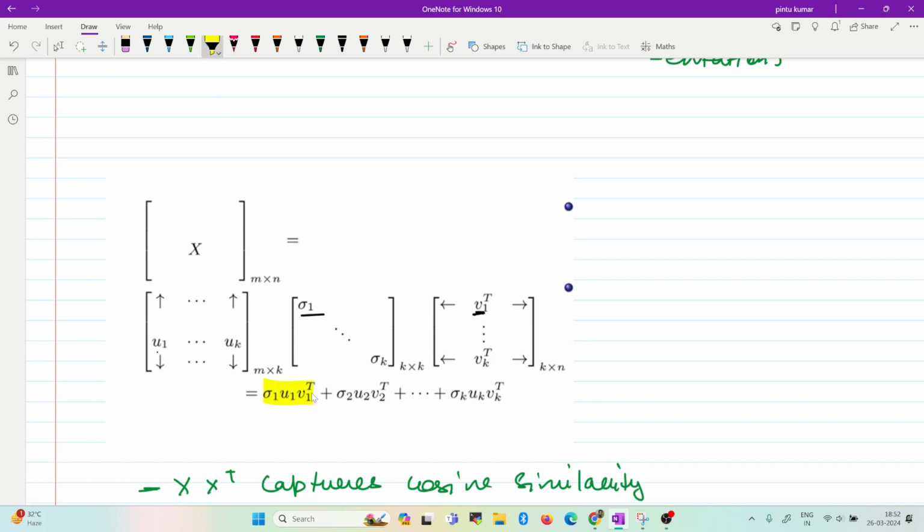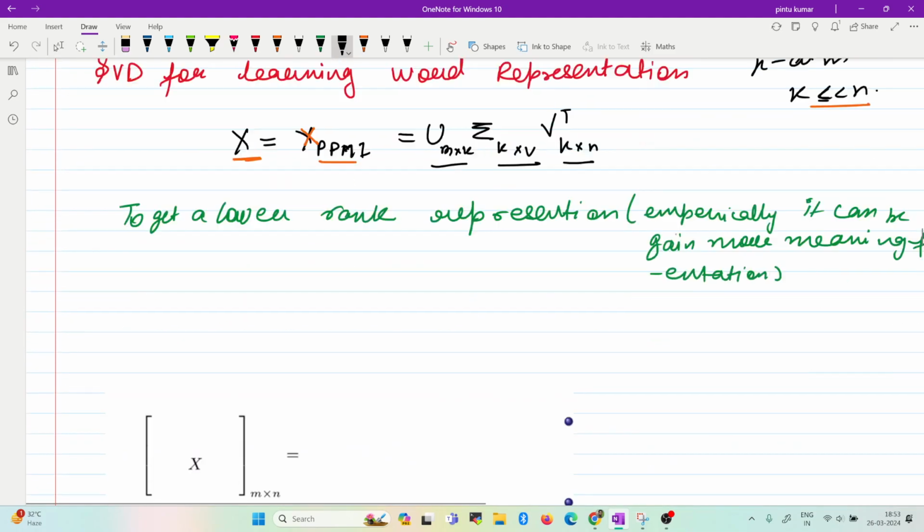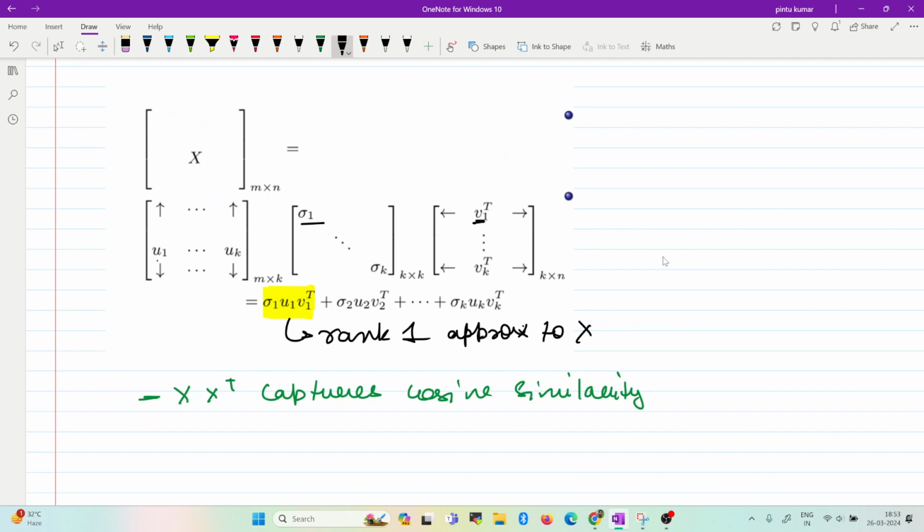If you just take this yellow highlighted part, this gives you a rank 1 approximation to X. So for your co-occurrence matrix, you can find a rank 1 approximation by just taking this much part. If you take two terms, you will get a rank 2 approximation, and so on, you can obtain a rank k approximation.